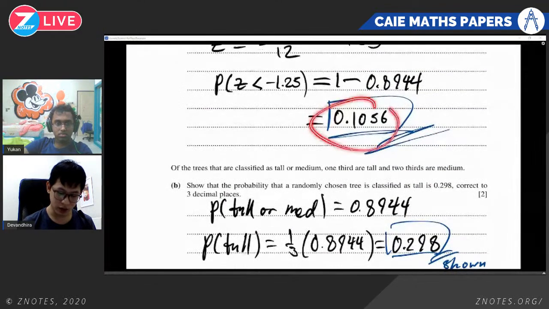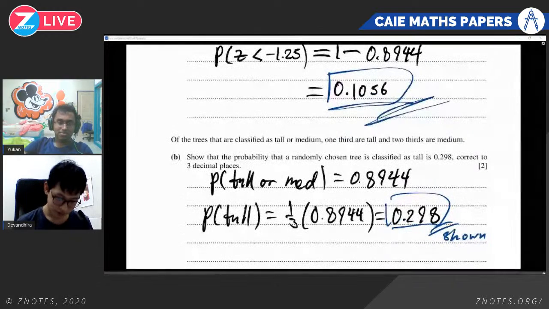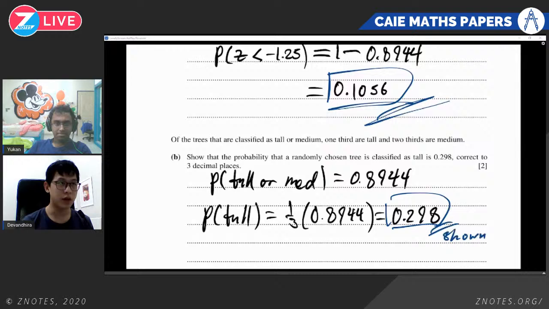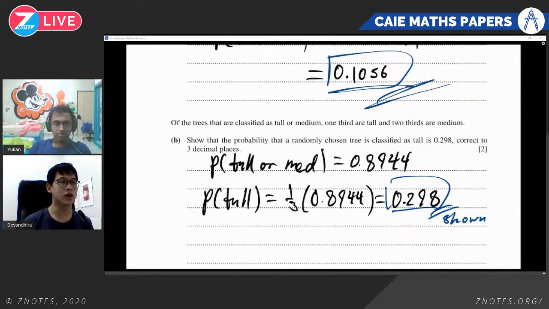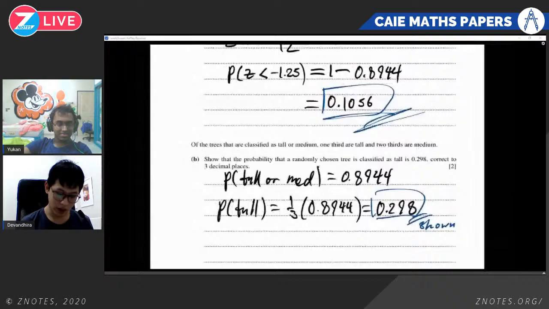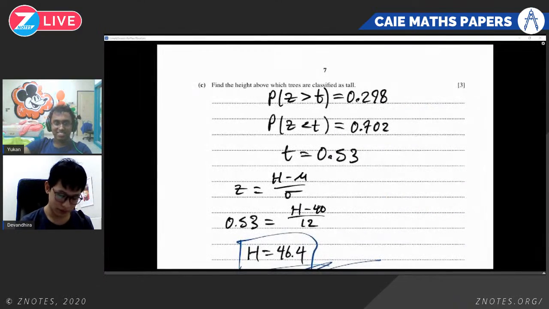Because short is the other part, so if you're going to get medium or tall, just do one minus that, and we get this back. Now it says that one third are tall and two-thirds are medium. We can find the probability of tall by just dividing this by three, because it says that it's one third of this. Just divide by three, and we have our answer. Easy 2 marks.